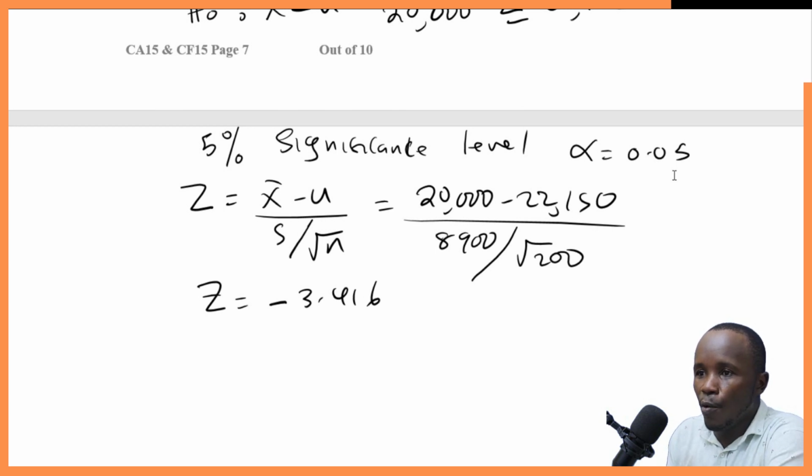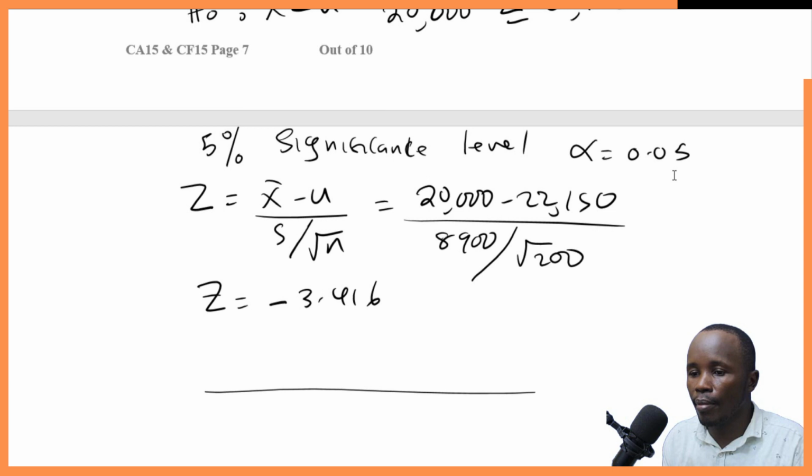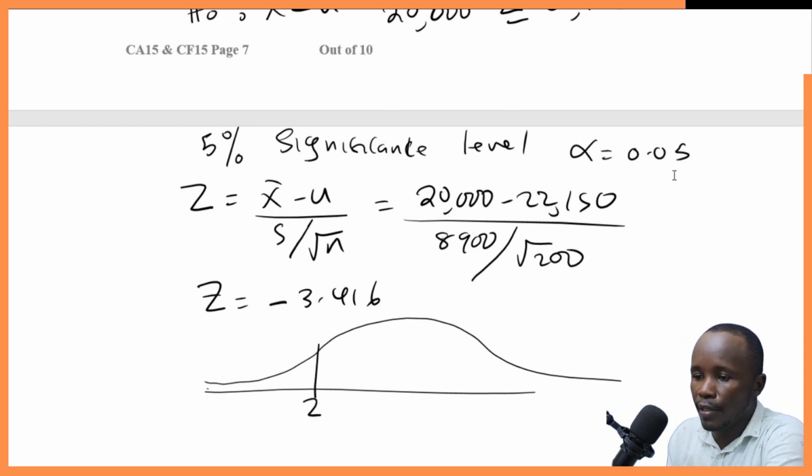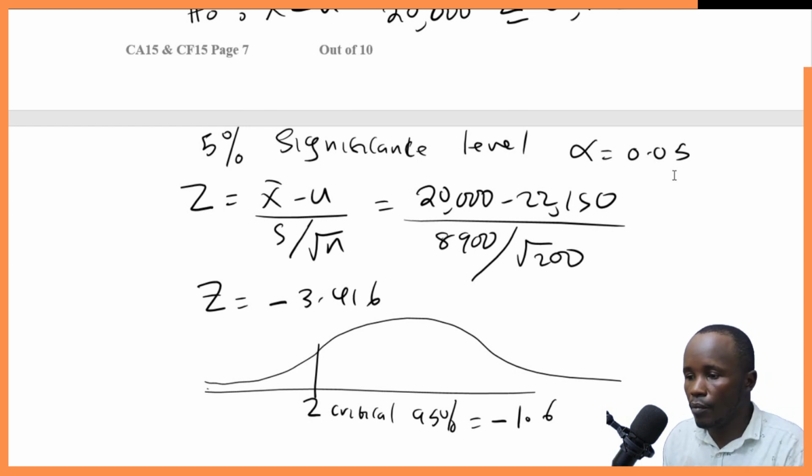But we were interested in the 5% significance level. Therefore, if you were to draw your normal distribution here, our Z critical at 95% is negative 1.64. But what are we getting?